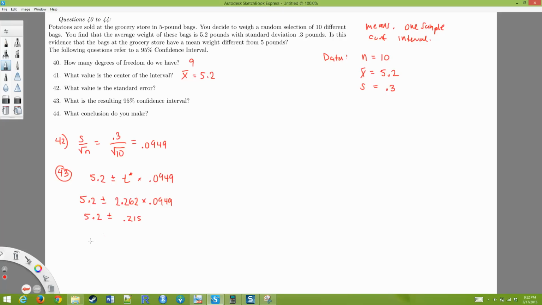And that gives me 4.985 to 5.415. Number 44, what conclusion do you make? Meaning, going back to the question, is this evidence that the bags at the grocery store have a mean weight different from 5 pounds?